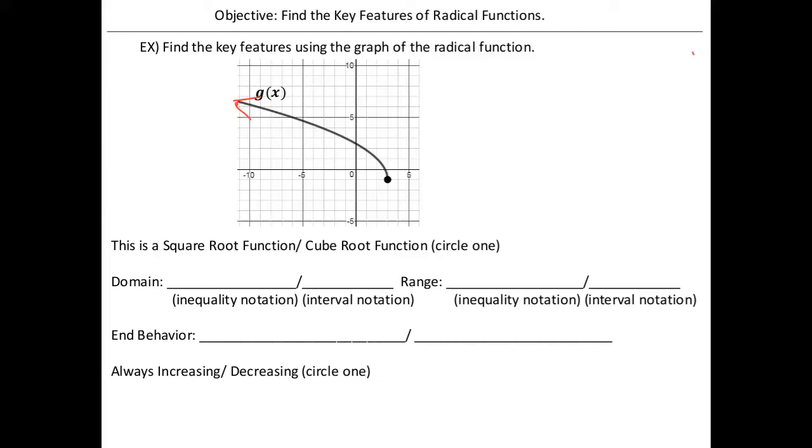Okay, so square root function because why? It has an endpoint. Good. All right, for domain, just to review what we did yesterday. The domain, you take your endpoint, move it to the x-axis. To find the x-axis, you're basically looking for the 0, okay?